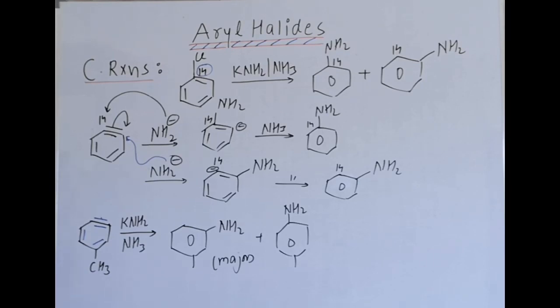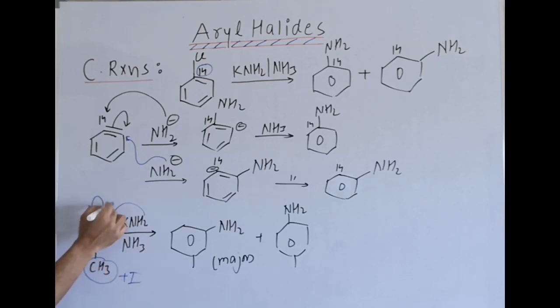Remember the carbon stability points: the minus here will be better as compared to minus on this position. Therefore, when the electron shifts that way, minus comes there, and this minus is less destabilized by the plus I effect of CH3. Therefore, more attack at which position? At the meta position with respect to CH3.